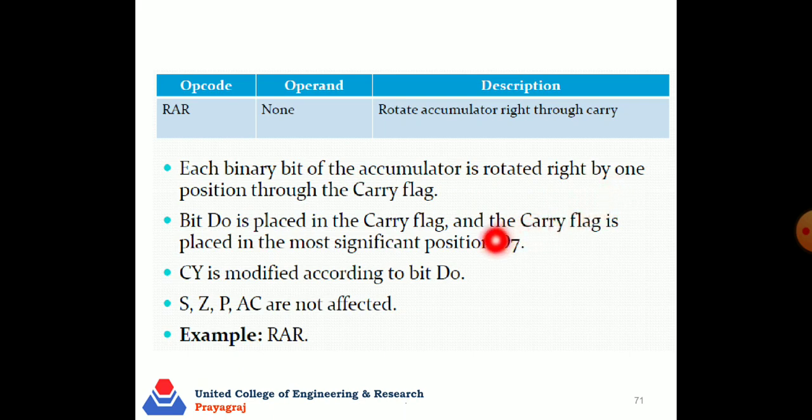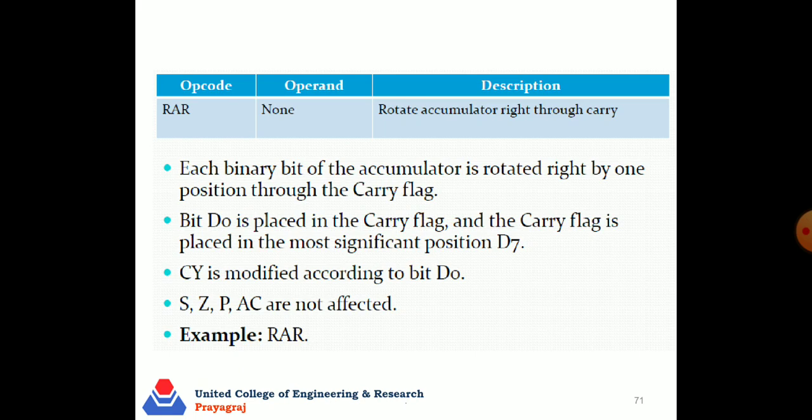That means the LSB of the number stored in the accumulator, D0, is placed in the carry flag and the status of the carry flag is shifted to the position of the MSB, D7. Then D7 is shifted to D6, D6 to D5, D5 to D4, D4 to D3, D3 to D2, D2 to D1 and D1 to D0.